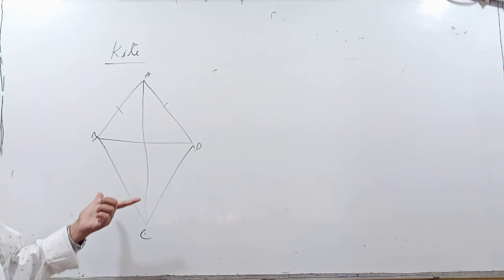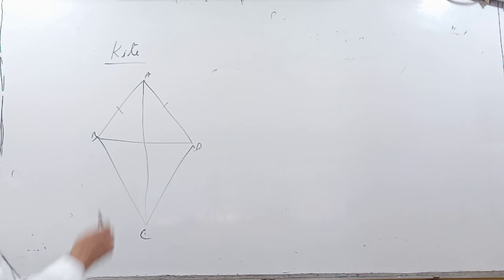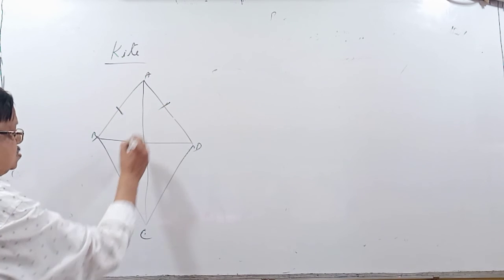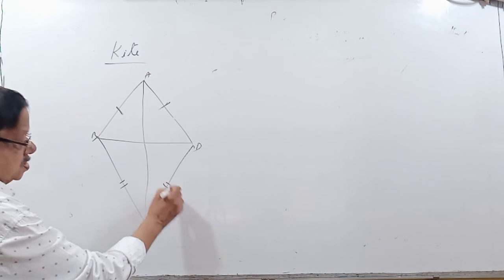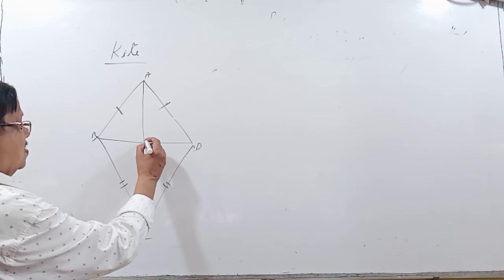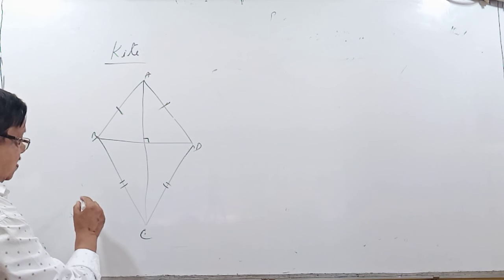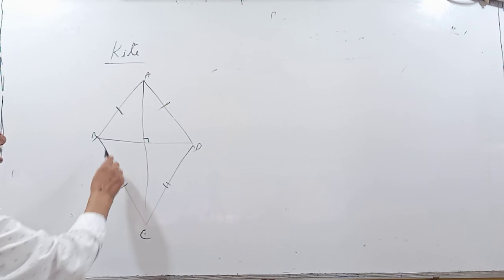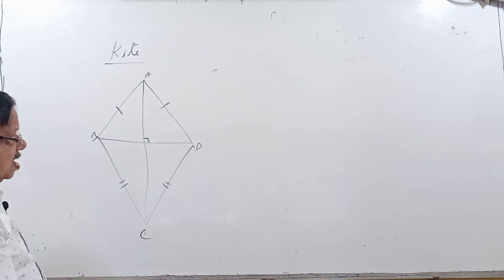Kite, you know the shape of the kite. See, this is a shorter diagonal, this is a longer diagonal. So this is congruent to this, and this is congruent to this. Such a figure is called a kite. See, this angle will always be 90 degrees. This is the shorter diagonal, this is the longer diagonal.